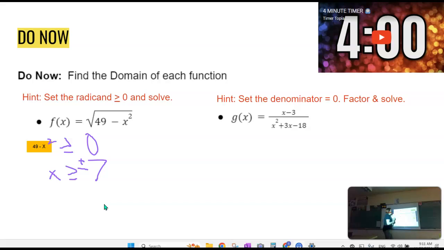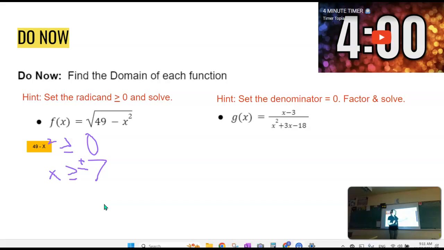Because what we're saying is, what numbers can I put in here to make the equation true? And what we found out is basically between negative 7 to positive 7, any number that I pick, negative 3.5, positive 4.5, if I put any of those numbers in here, this will still be a positive number that I can take the square root of and get an answer.